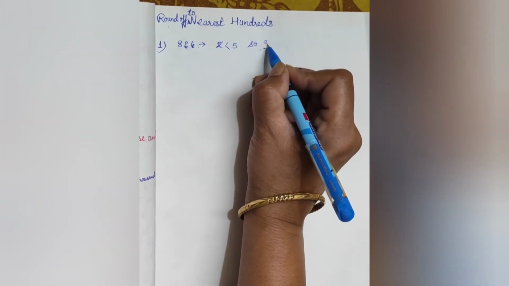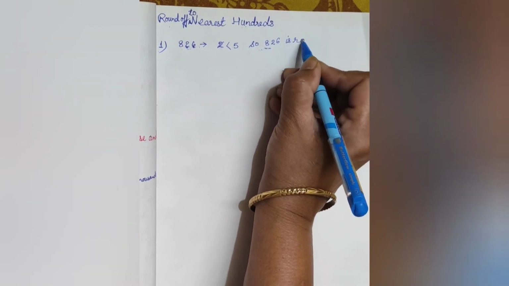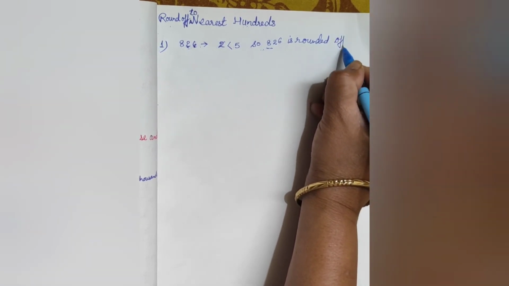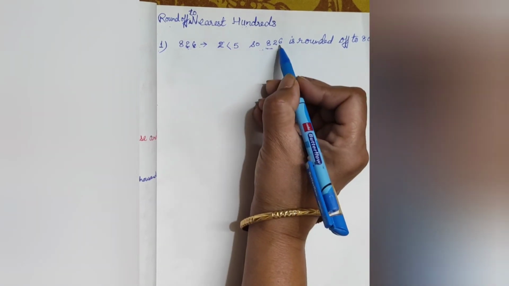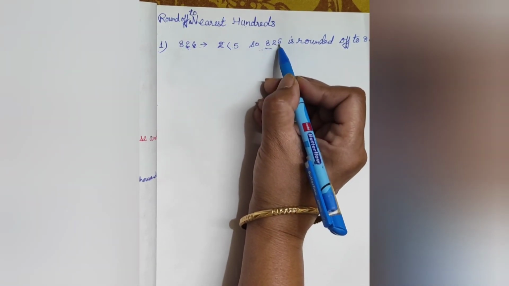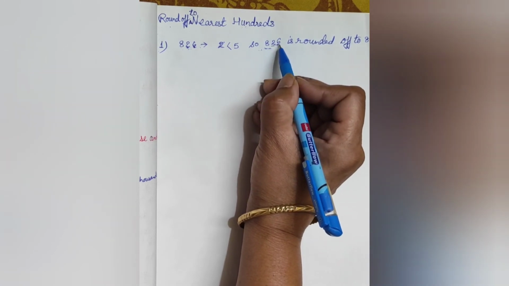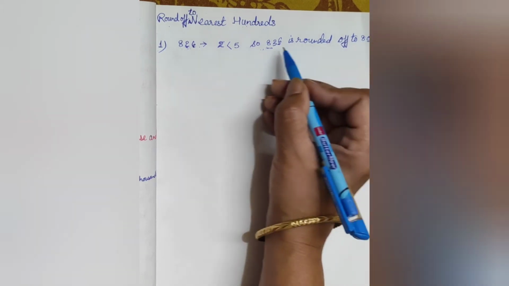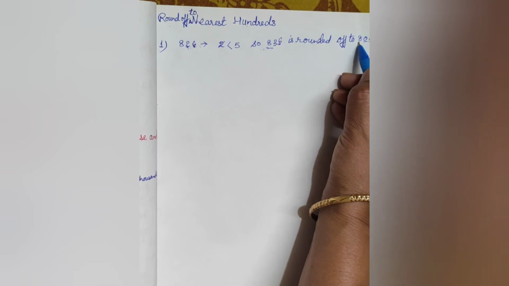So 826 is rounded off to 800. According to the rule, the ones and tens place digits are replaced by 0 and other digits remain the same.